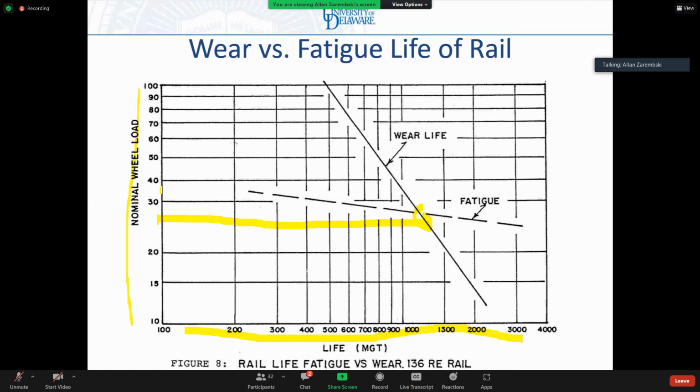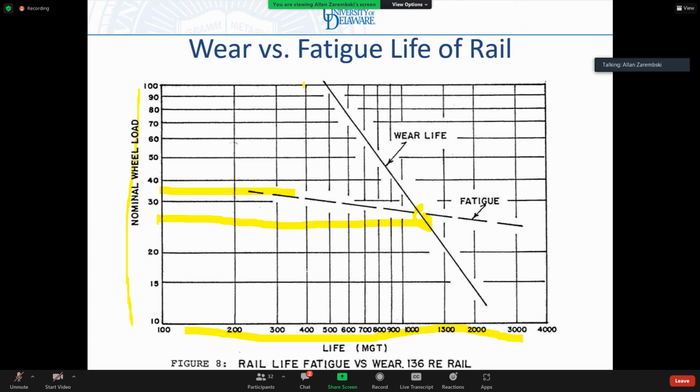If you take a North American type of axle load on tangent track, fatigue is by far the dominant life. It's going to fatigue at about 300 or 400 million gross tons, whereas it may not wear till about 1,000 million gross tons. So on tangent track and in heavy axle load environments, fatigue always happens.